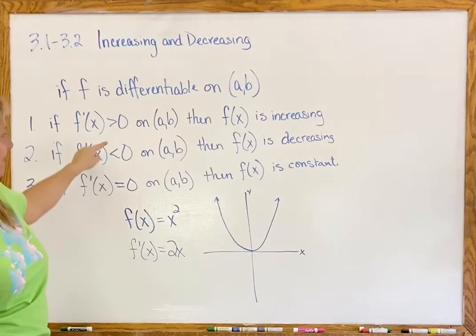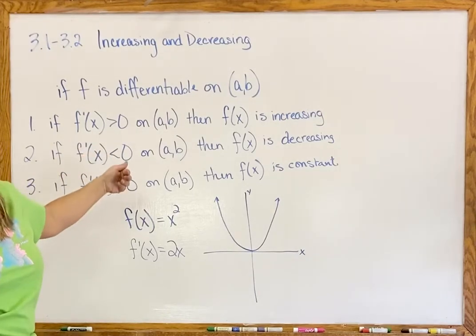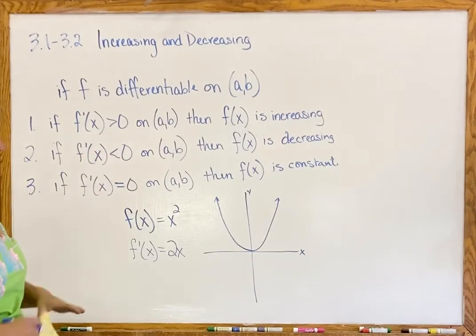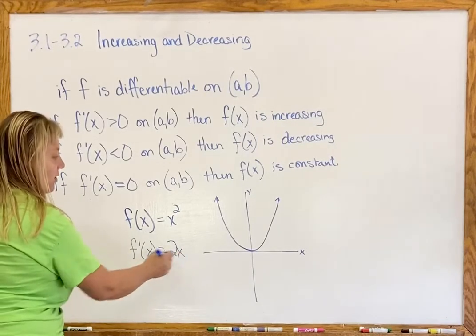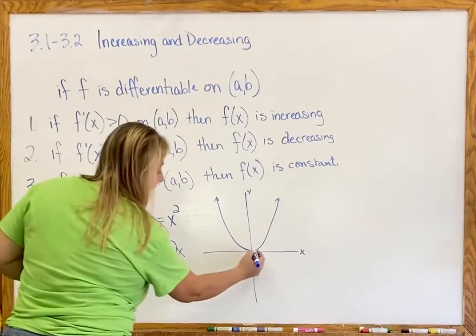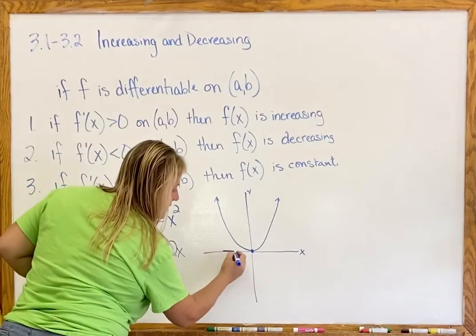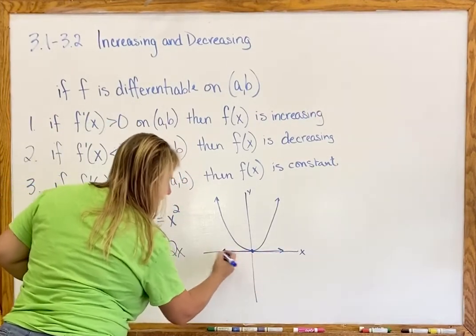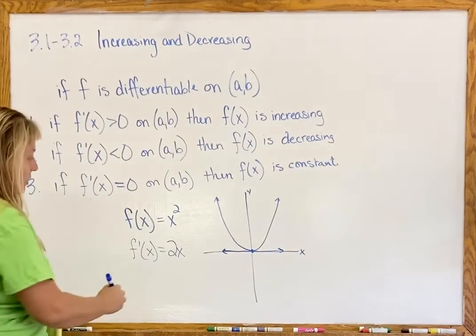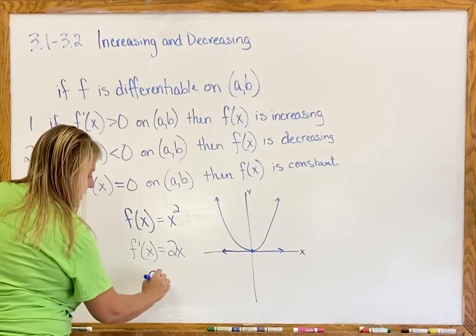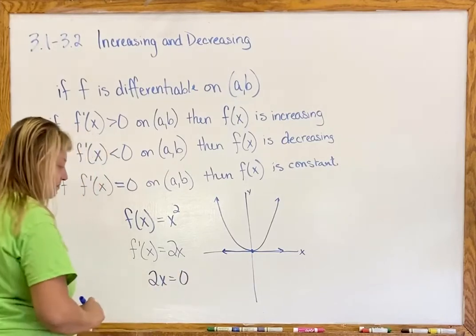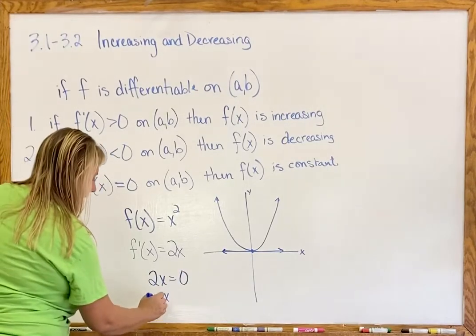Don't they have to reach 0 so that they can flip to the other way? So we want to figure out where that change is. Where is the derivative equal to 0? The next step would be to take this and set it equal to 0. So we get that x equals 0.